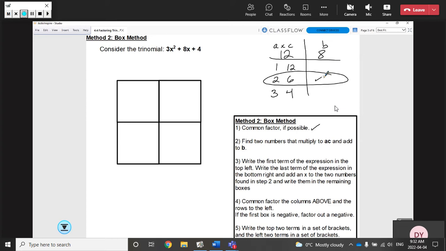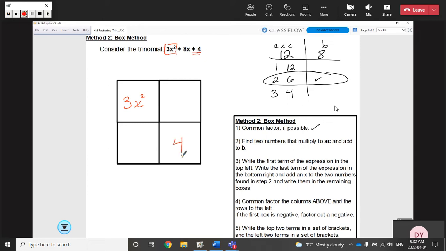Now, it says, write the first term of the expression in the top left. So, the first term, 3x squared, goes there. Write the last term of the expression in the bottom right. So the last term here, 4.